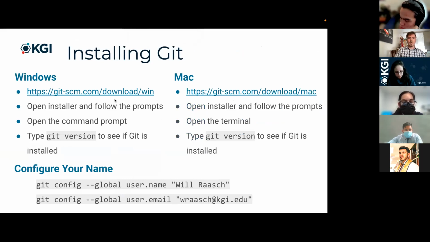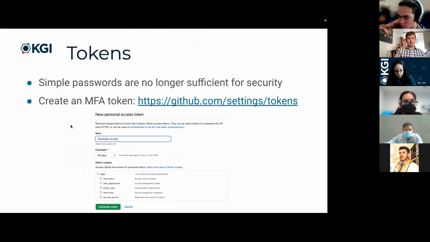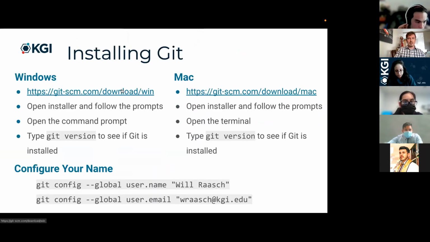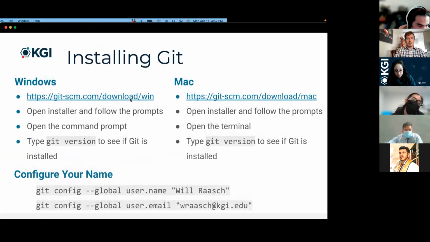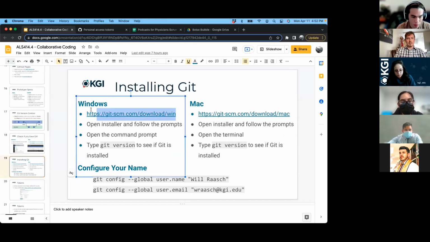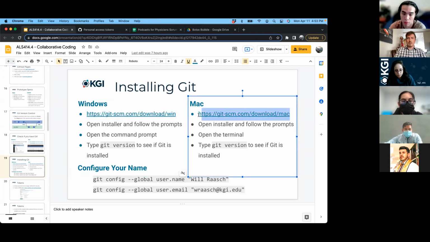Okay, so to install, follow these links. And I'll just paste them into the chat for everyone to use. So the one that's /win is for Windows. The one that is /Mac is for Mac.